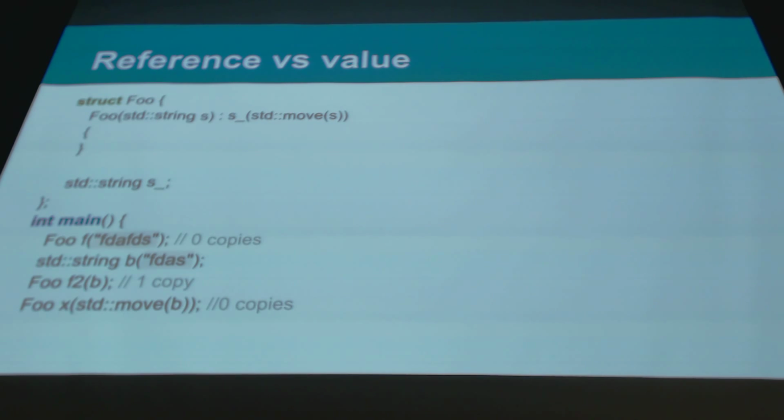Here we are just taking something by value. If it is an Rvalue, it will be moved to the string s, and then we will move the string s to s_. But if we provide an Lvalue, which is the case f2, then we will have one copy, and after the copy we will move things down.